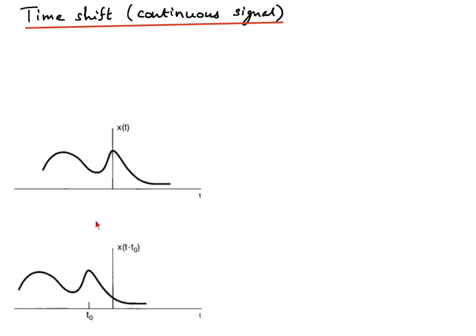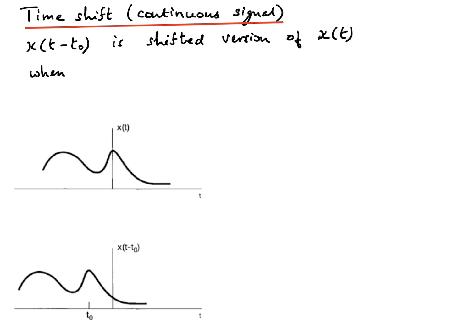Okay, so the example that is depicted here is for the case where t naught is negative. So like in the discrete case, here also x of t minus t naught is a shifted version of x of t.